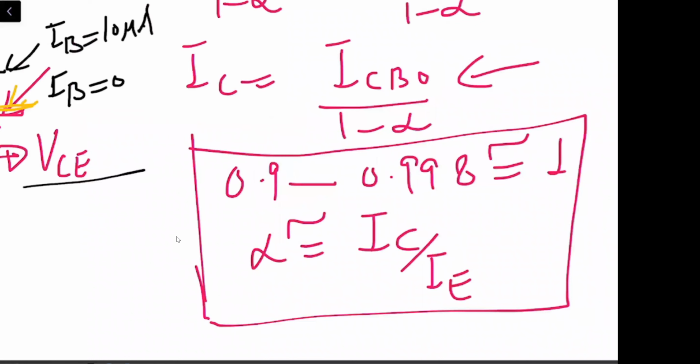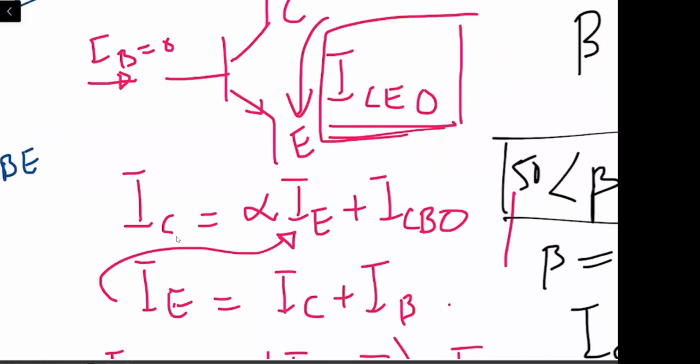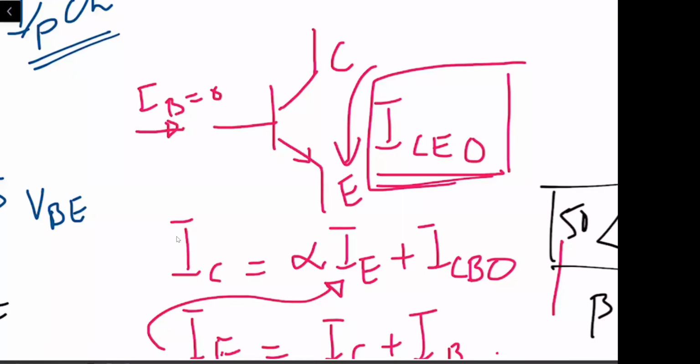Okay, what we have said initially, coming back, if the base current is 0, this means that there is no forward biasing of the base emitter junction.